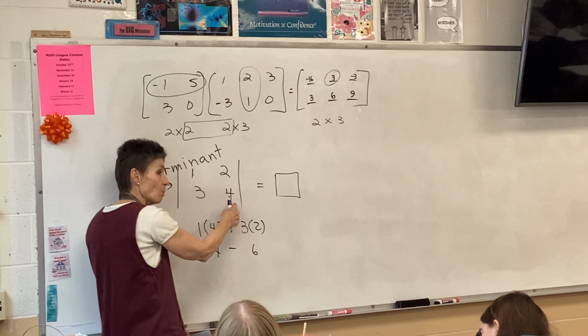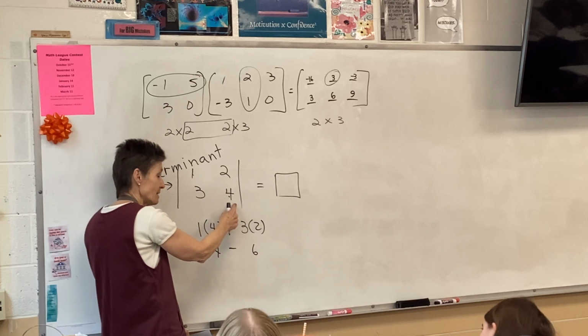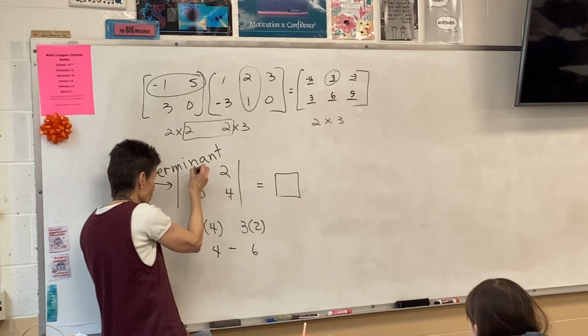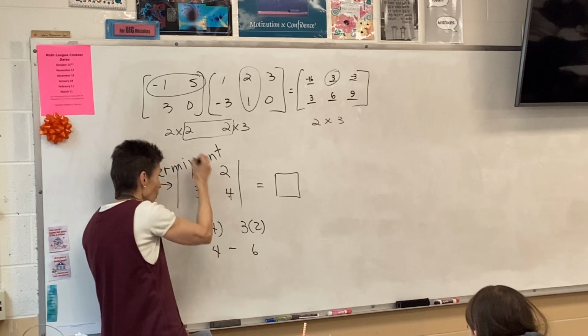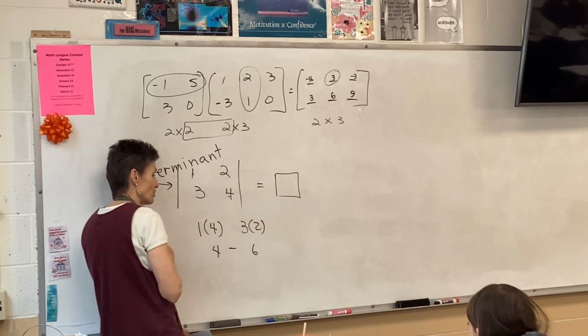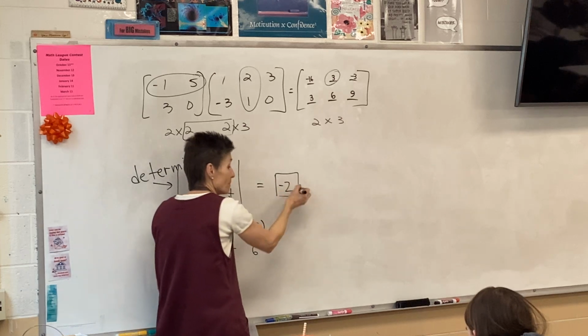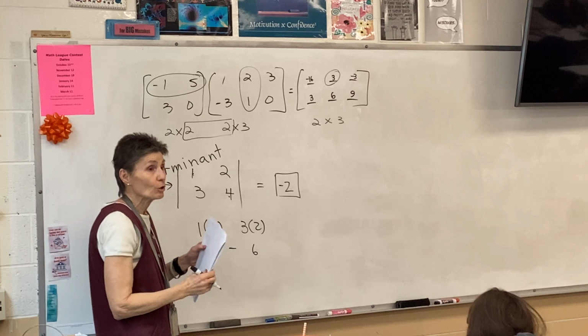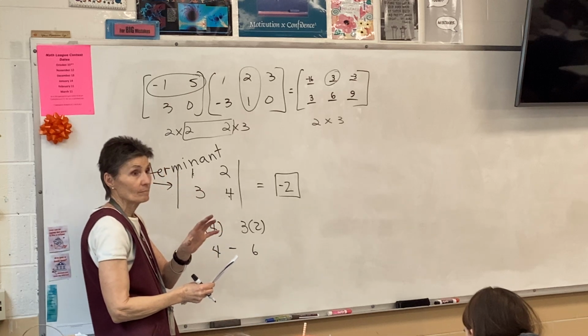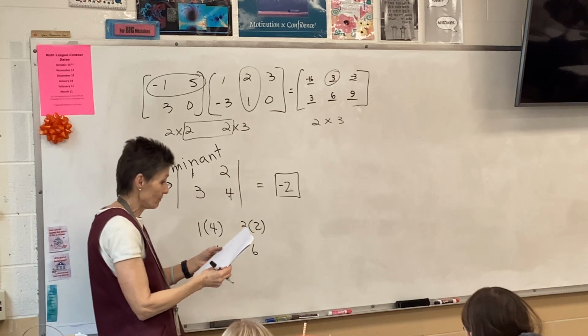So it's this one minus this one. And it has to be in that order. So start right here, the beginning. 1 times 4 minus 6 times 2. So the answer is -2. Your determinant will always just equal a number. In this case, it's -2.